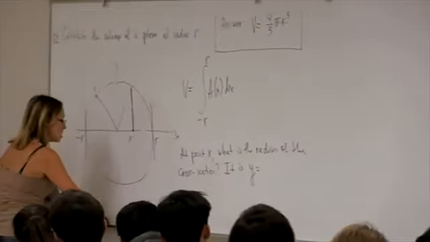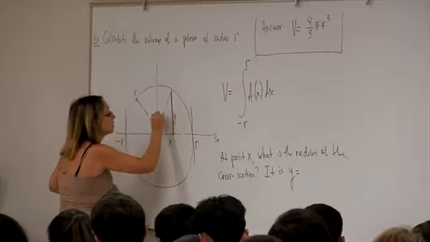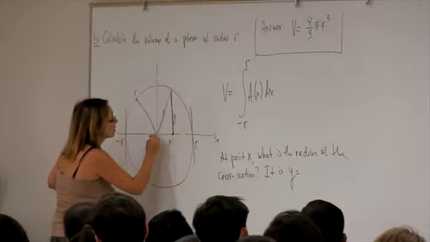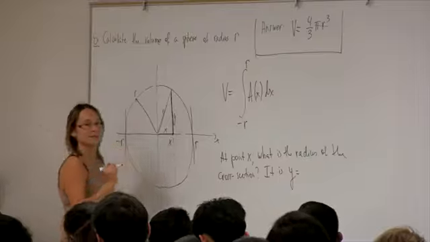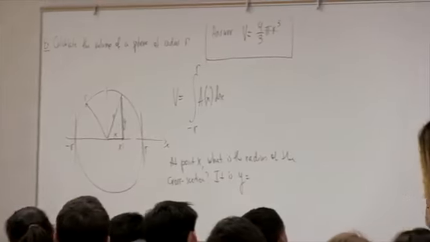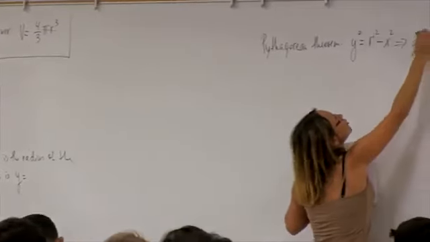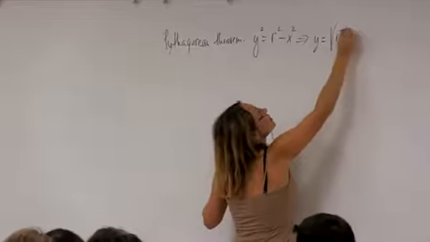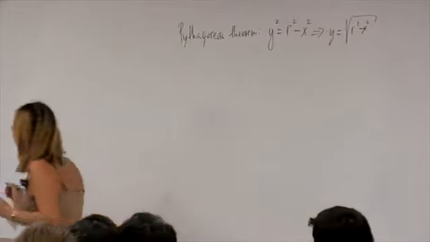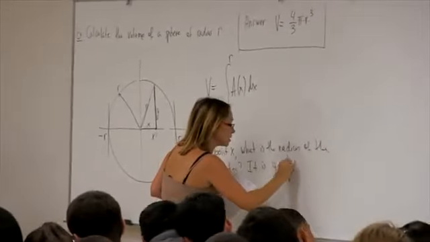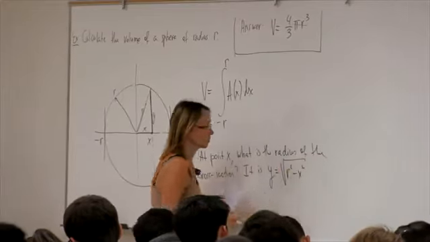So this is y, this is r, this is x. Therefore, y is the square root of r squared minus x squared.